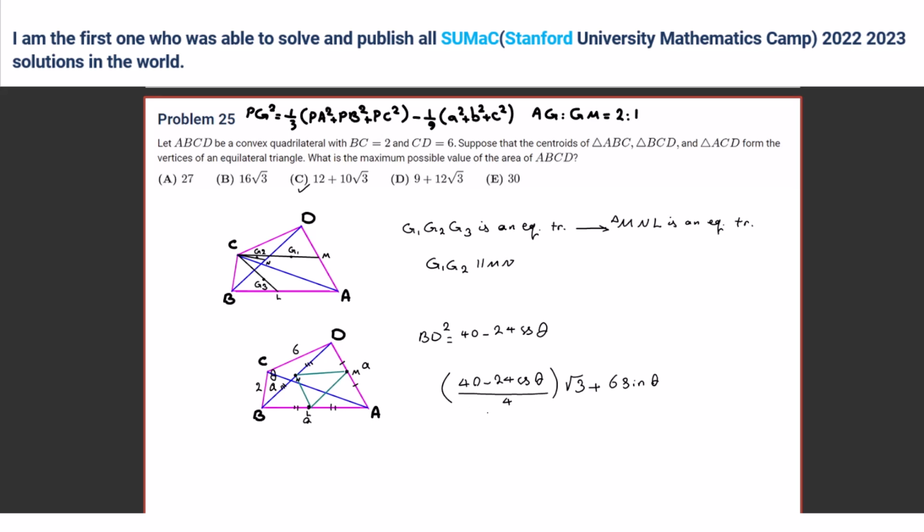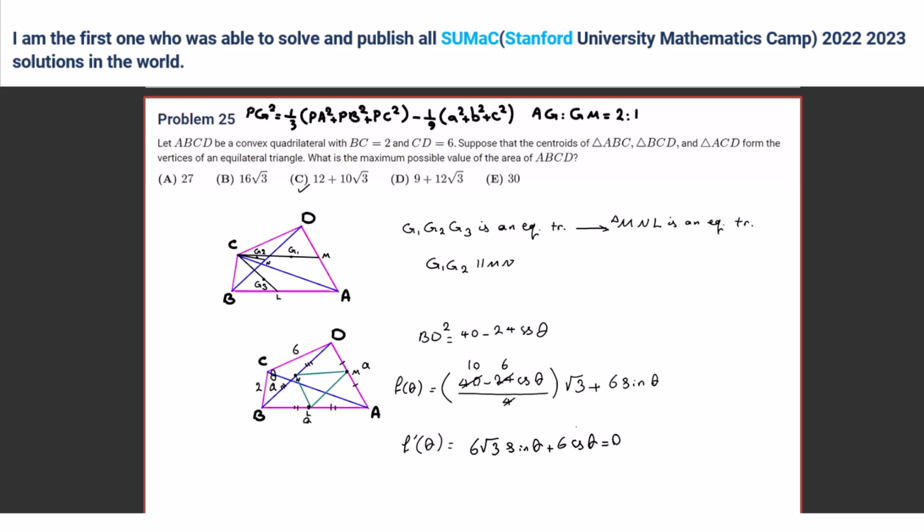And I just take the derivative. Okay, so if we take the derivative, f of theta, f prime is what? F prime is 6 cosine theta plus 6 root 3 sine theta, and that is 0.